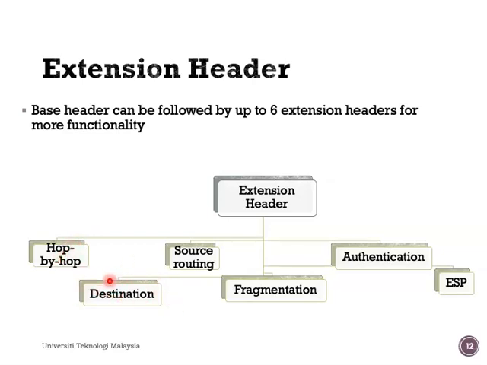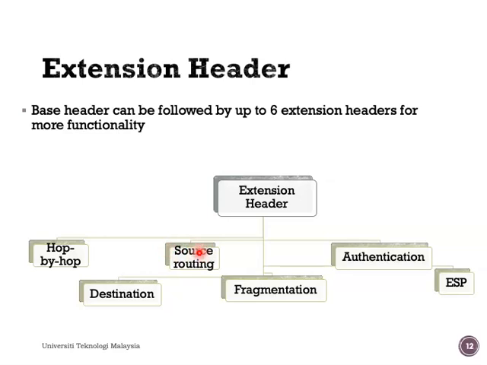And destination is also one of the options. It is used when the source needs to pass information to the destination only, which means that intermediate routers cannot have access to this information. And source routing. Source routing means that, for example, previously we said that the destination address is the final destination of the datagram.